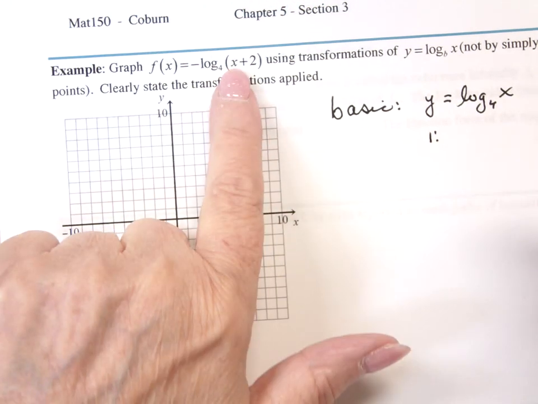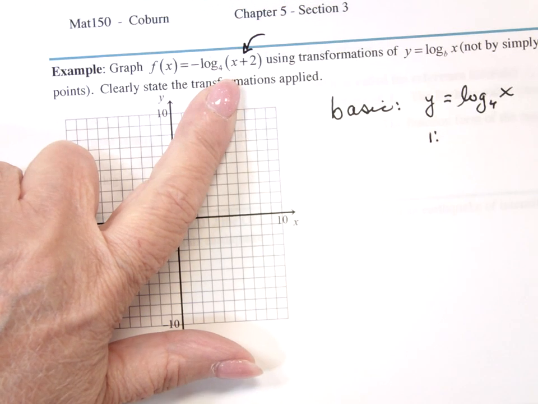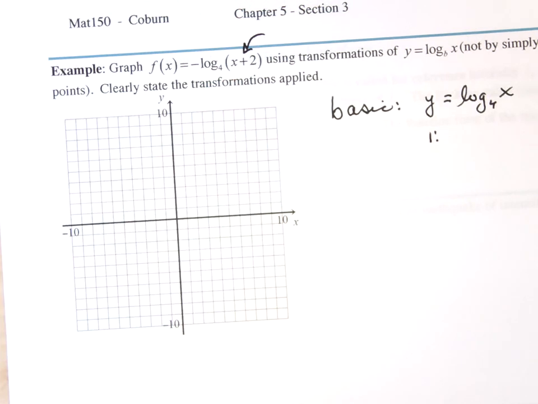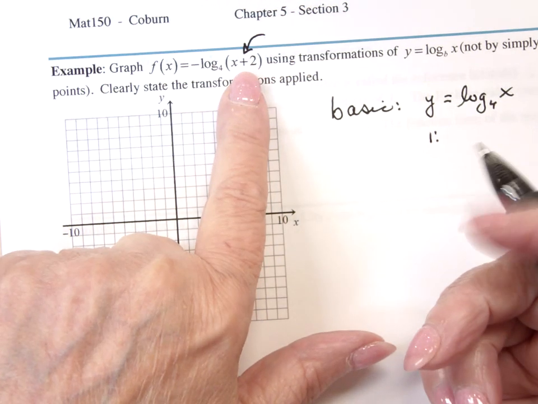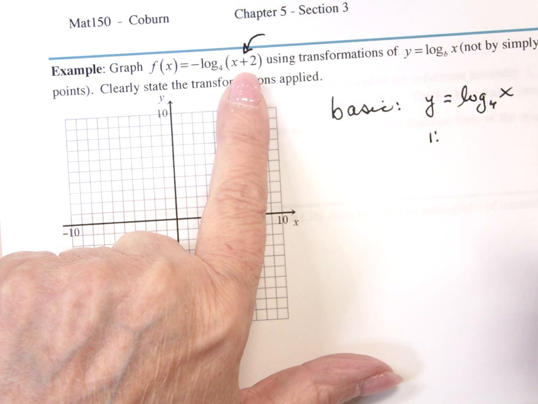Then you're going to say, how is that being transformed? The first thing I do is always go into the parentheses first, order of operations. Put in an x value, you do something, then you take the log of it. In this particular instance, what is the transformation using x plus 2?